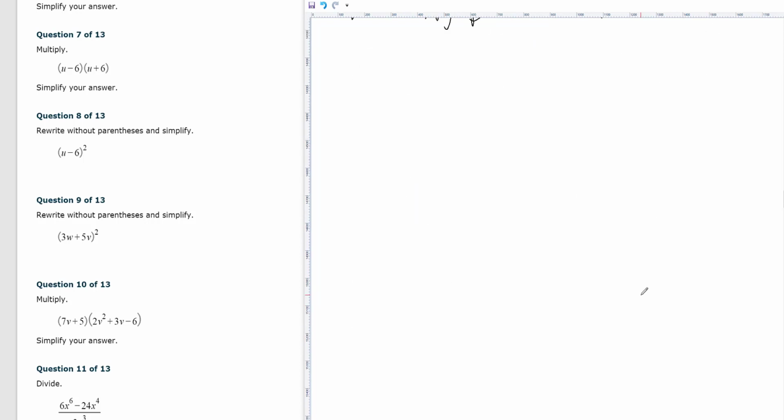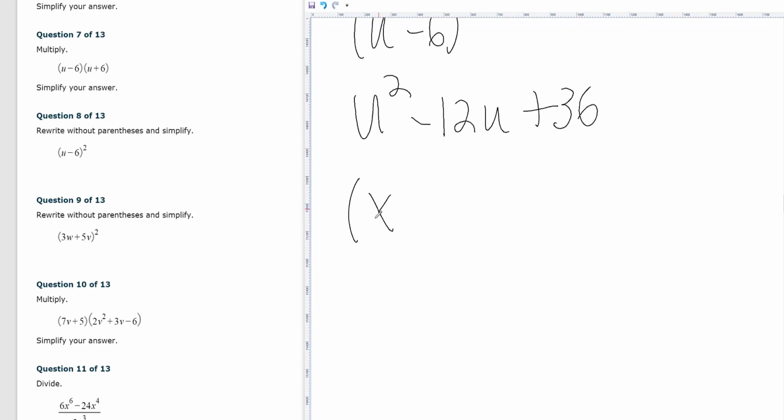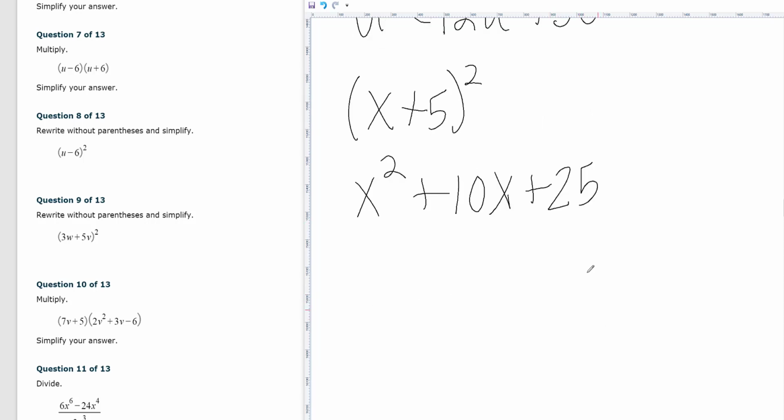So if I see u minus 6 squared, I can say that's u squared, double up, negative 6 and u would be negative 12u, and then square negative 6 is 36. Another example, x plus 5 squared would be x squared, double up 5x, that's 10x, plus 25.